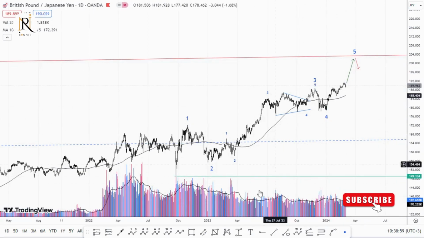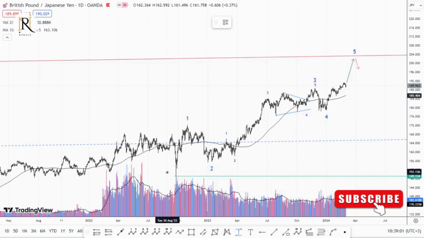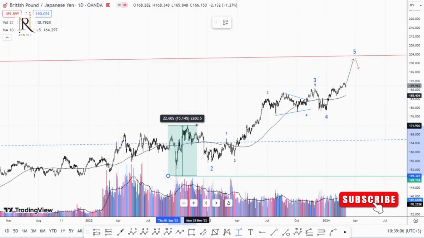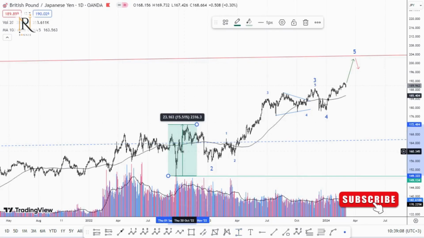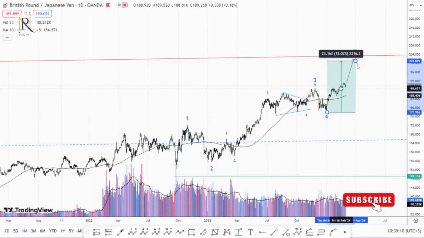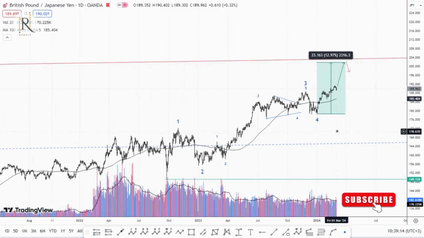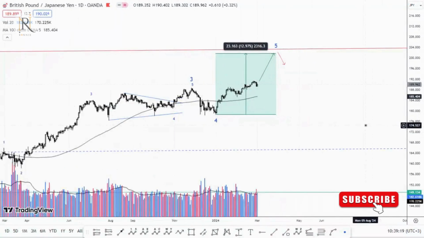This area is a good area to look at wave 5, because wave 5 can always be equal to wave 1, and if you have your wave 1 around that point, you can still see that we have a good potential for wave 5.